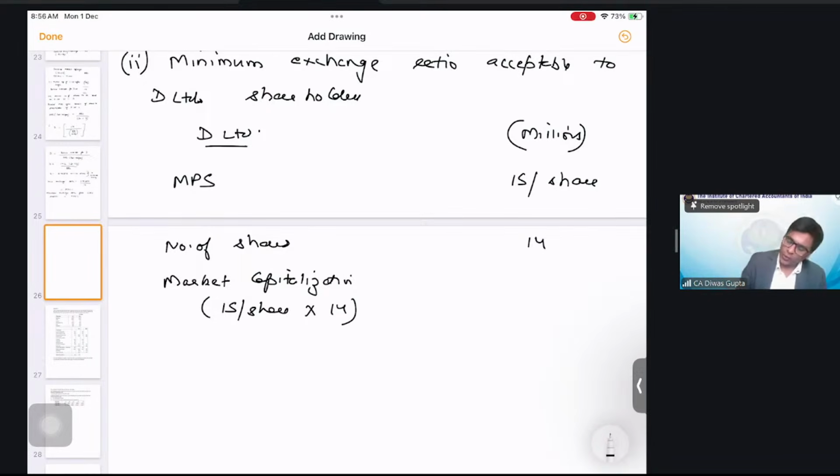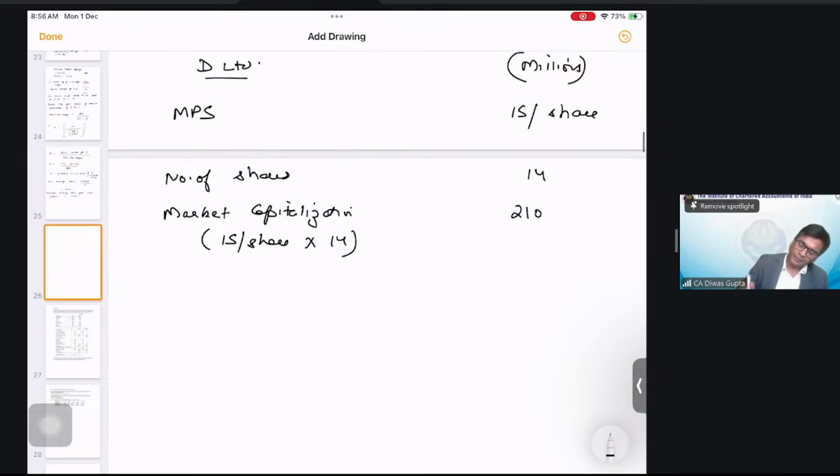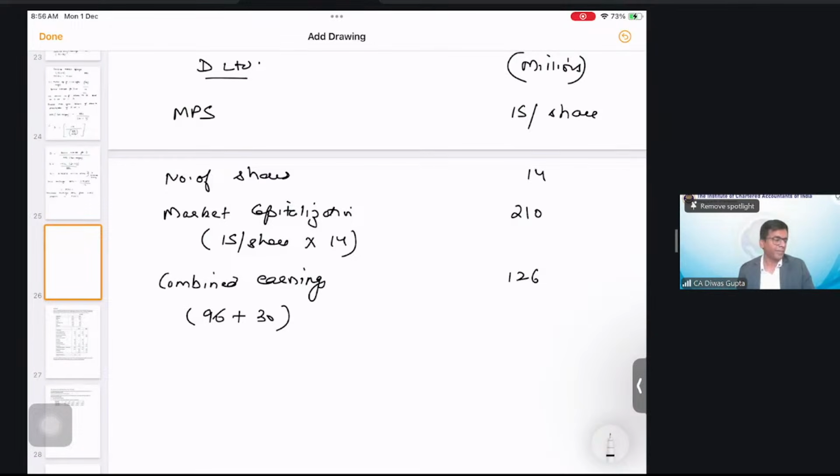So this is 210 million. This is their market cap. Now let's calculate the combined earnings. Again 96 plus 30, 126 combined market capitalization.